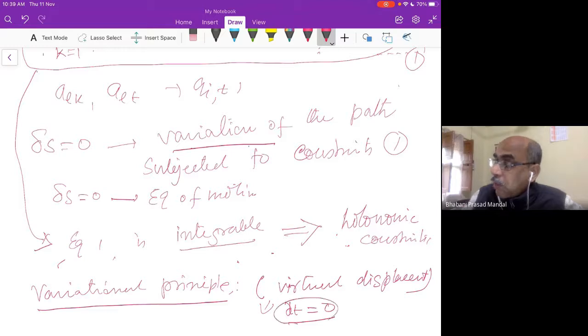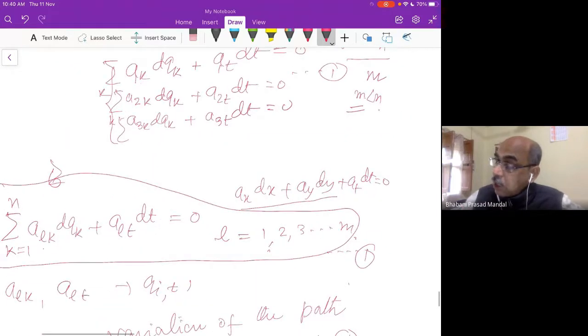So if I consider the variation of the path due to virtual displacement, then this delta t will be 0, and we have this equation only, and we can do the variational principle, Hamilton's principle. I think you read it fast. If you have doubts, then ask me, then it will be clear.